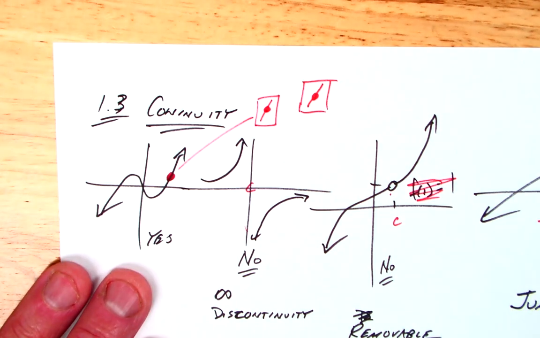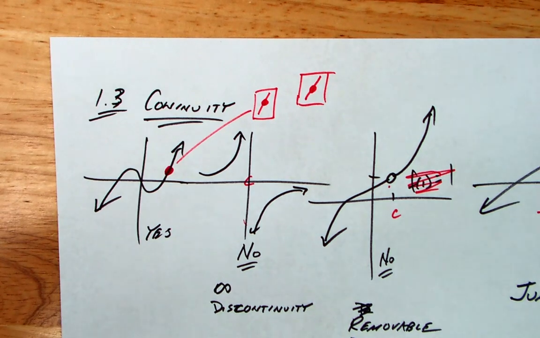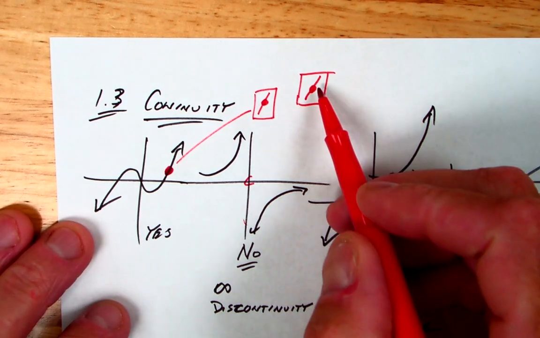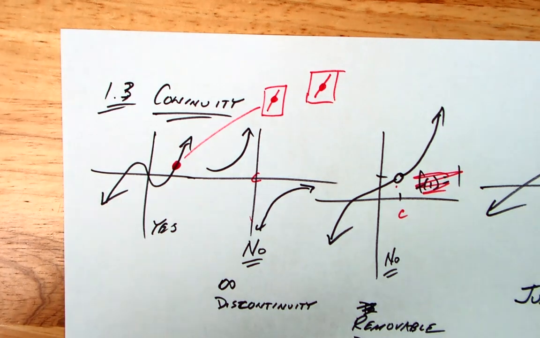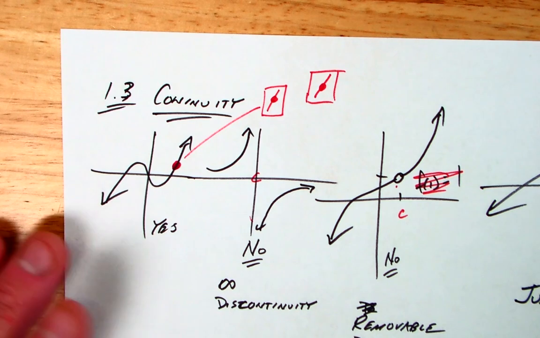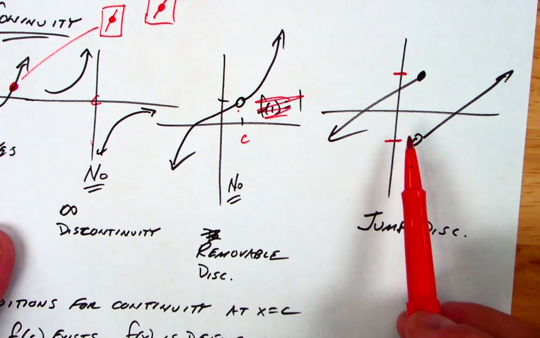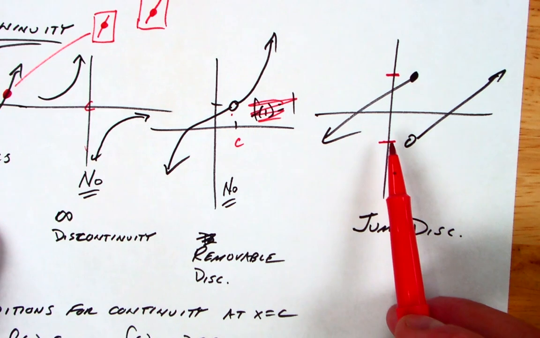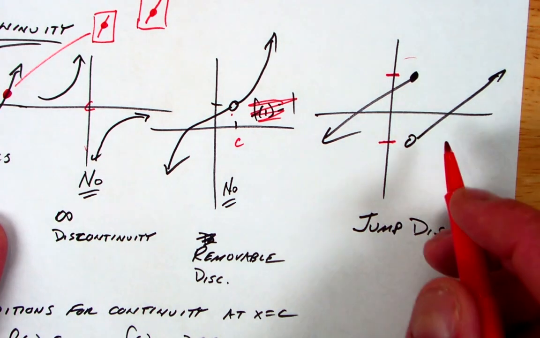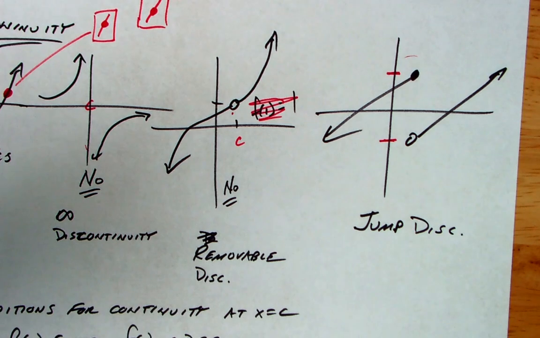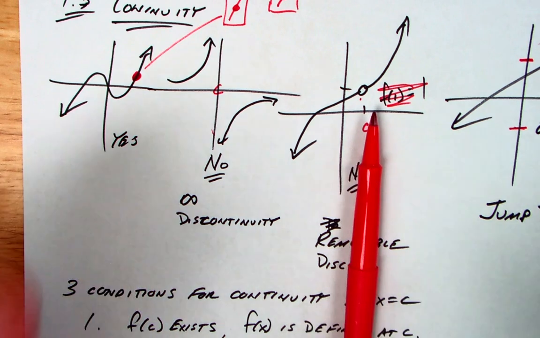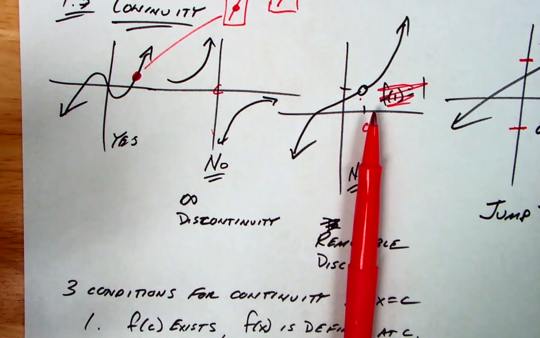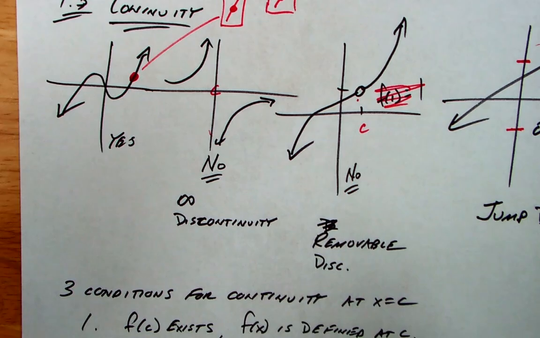And as tight as I can zoom in around that point, I'm still going to have my graph approaching that same point. Is that the case here? Could I zoom in on just one point and have my graph touching both sides? No. This one, it's weird, but that limit exists, because it's still going to the same point. But that's a whole other ballgame for a whole other deal.